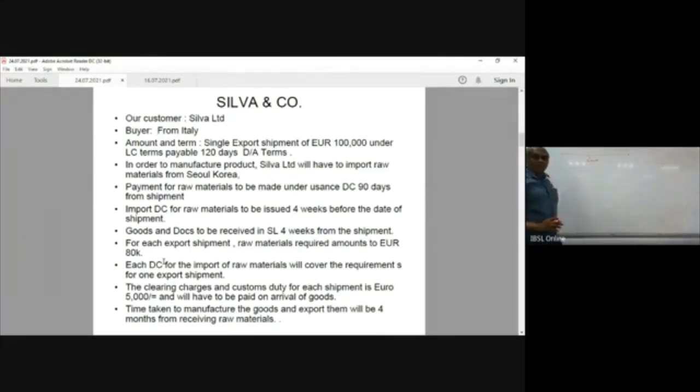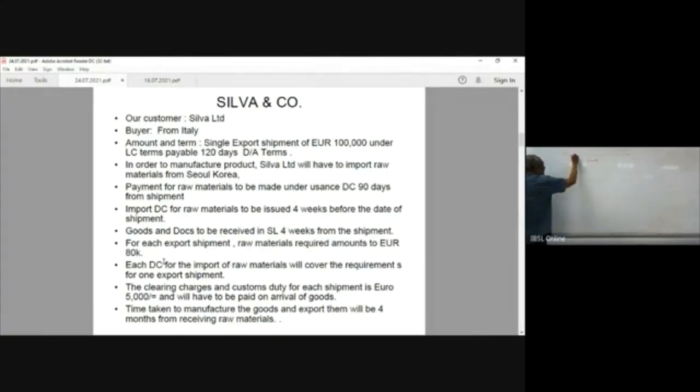Starting from the left-hand side. In order to manufacture the product, Silva Limited has to import raw materials from Seoul, Korea. Payment for raw materials is to be made under usance LC, 90 days from shipment.